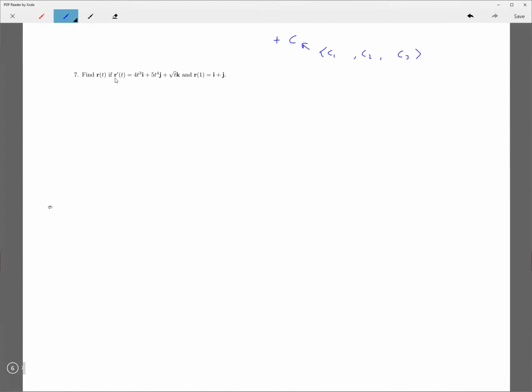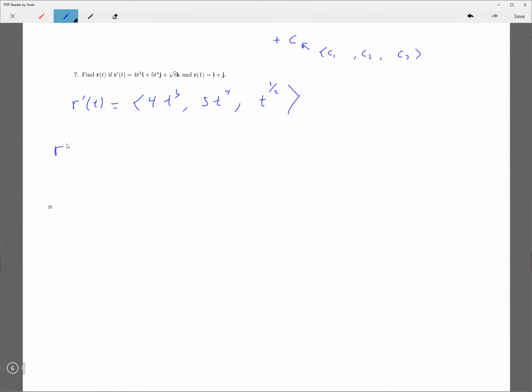And here we have r prime of t equals this. Okay, so r prime of t is 4t cubed, and then 5t to the 4th, and then the square root of t, but I'll write it as t to the 1/2. So that's our r prime.